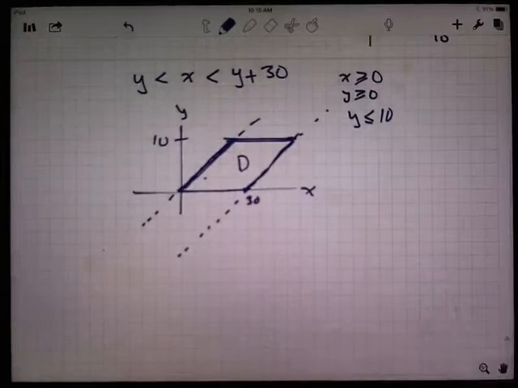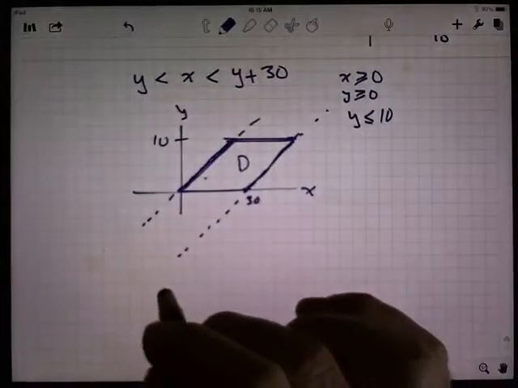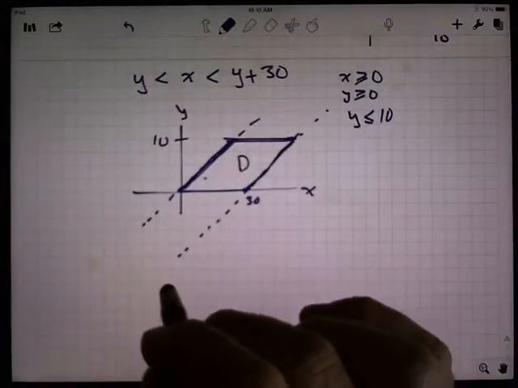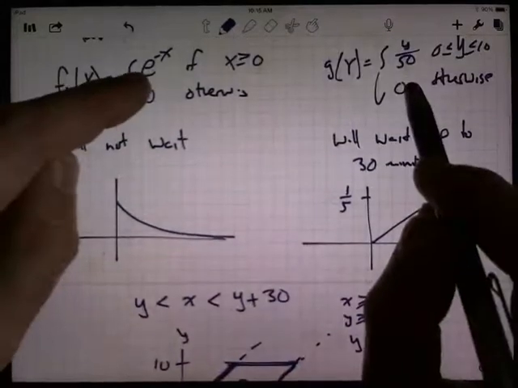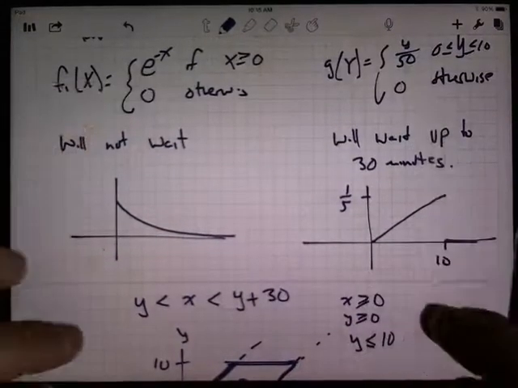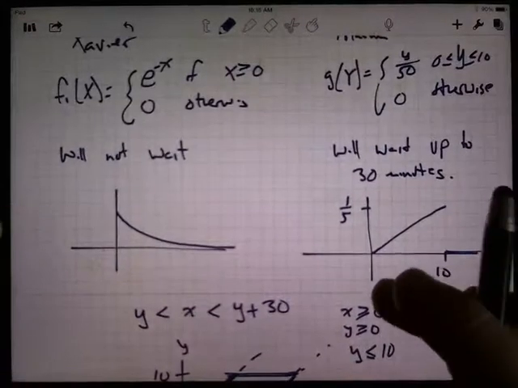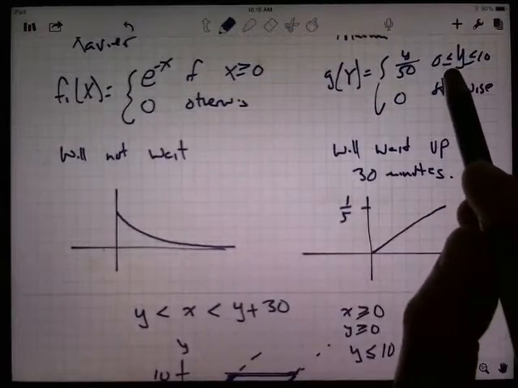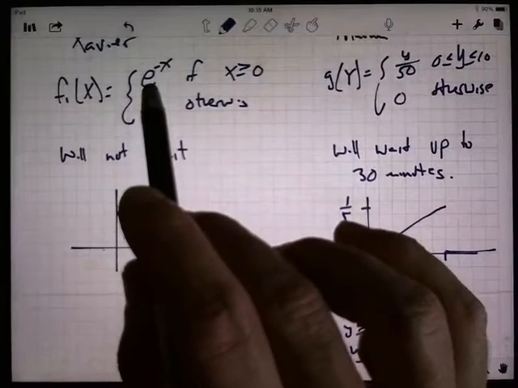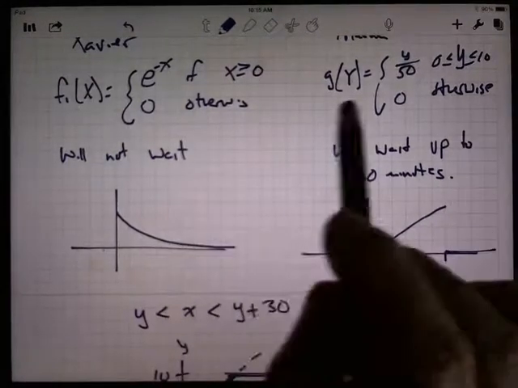Now, they did tell me that their arrival times are independent. So my probability distribution function is just the product of these two. Within this region, x is positive and y is between 0 and 10, so I'm not in the otherwise categories for either of those.